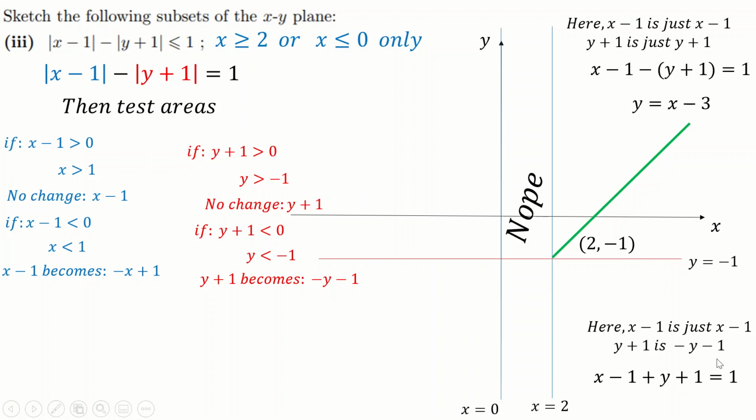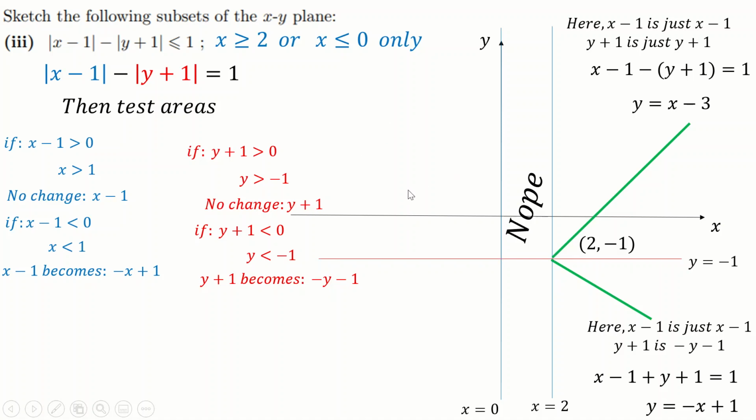When you put in these negatives into here, and then take them away, you end up with positives. Rearrange, and now that line looks a bit like this. Gradient of negative 1, y-intercept would be up at 1 somewhere, but it's not. And I can only draw it up to 2 anyway, but it definitely goes to the point 2, minus 1, I think. So yeah, it meets this line here.